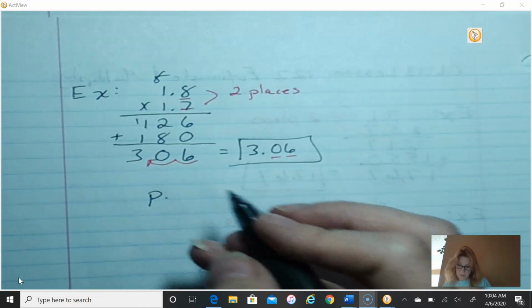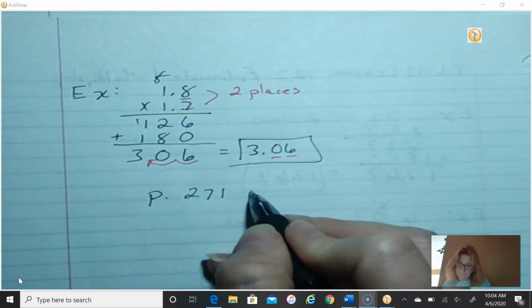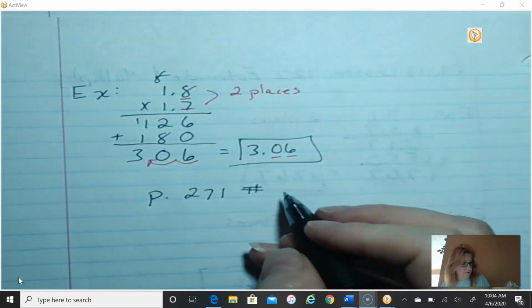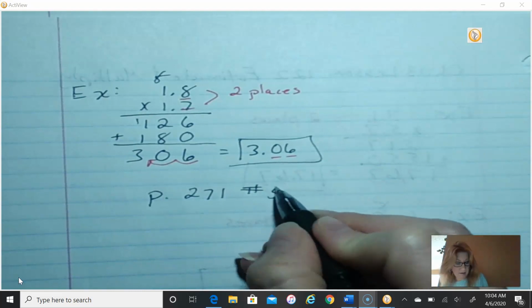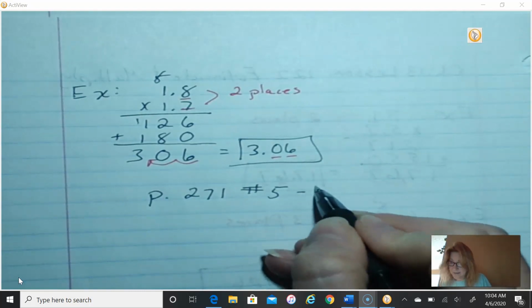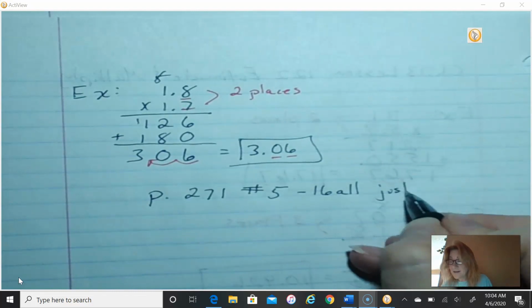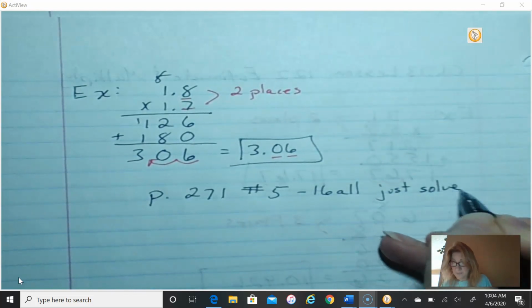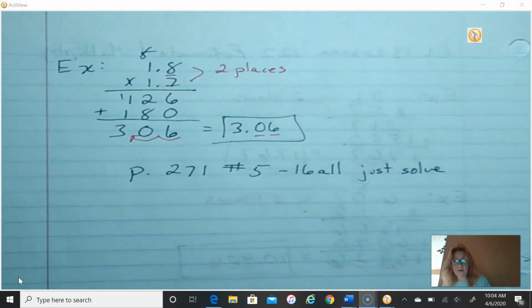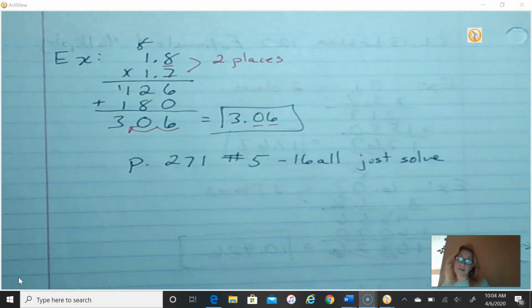You're going to do page 271, numbers 5 through 16 all. Just solve. If your parent or someone is sitting there and they want to go over the estimating with you, that's perfectly fine.